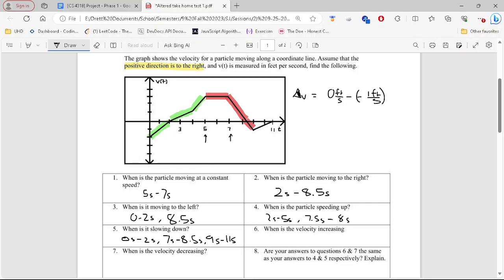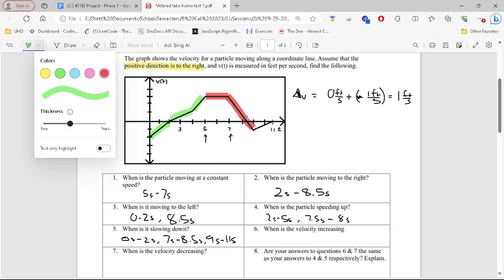Don't forget that sign. That sign will screw you over if you forget it. So negative plus negative, that's positive. So that's positive 1 feet per second. The change in velocity at this point is going to be positive 1 feet per second.